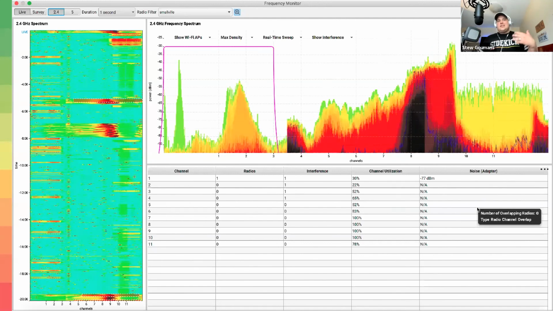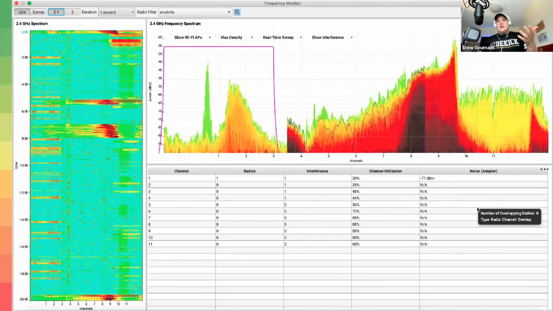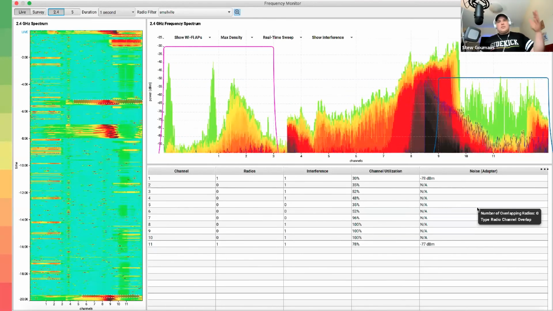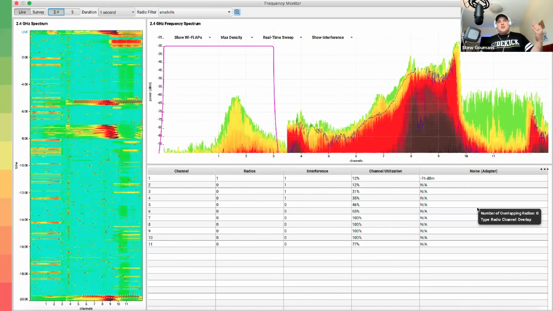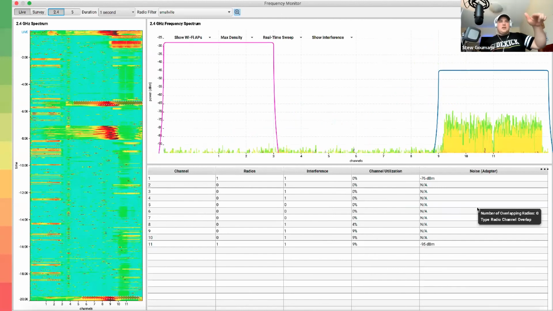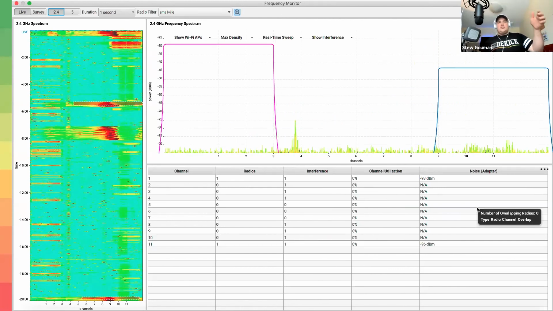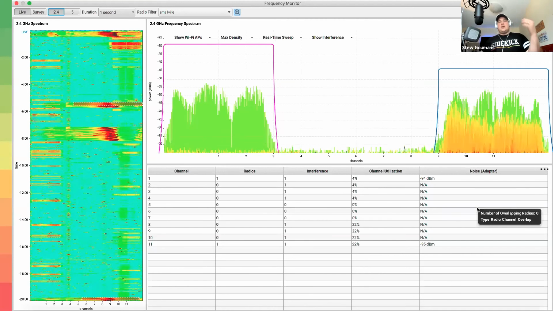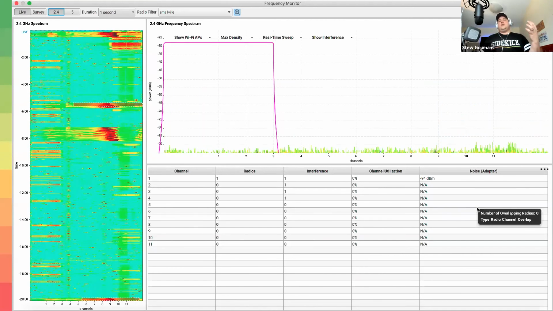These are things that happen, and they could happen in lunchrooms and break rooms all the time. You'll notice the AP's gone away there, and you'll see the pink line. The APs are now going off channel and coming back on, because they're trying to understand that there's too much going on.